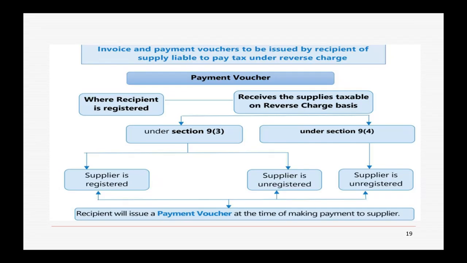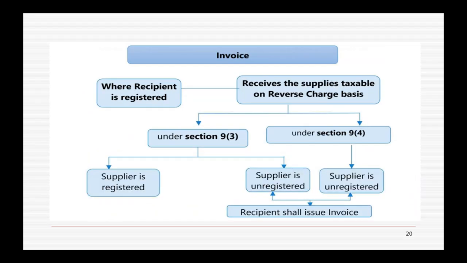The invoice and the payment voucher are to be issued by the recipient of supply liable to pay tax on reverse charge. So in the reverse charge case, they will issue a payment voucher. And this is the invoice I already told you about. In case of reverse charge mechanism, the inward invoice has to be issued by the recipient.